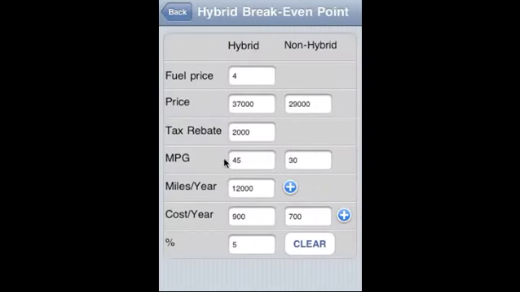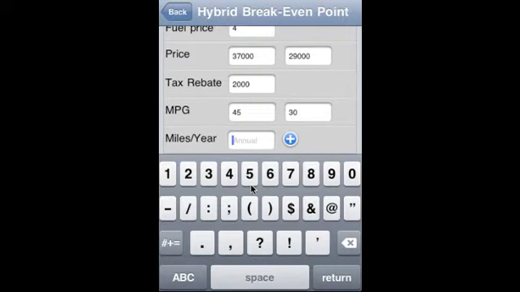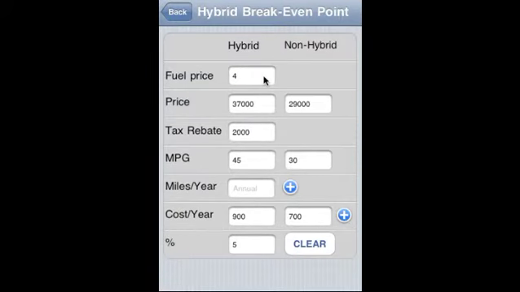Okay. Now what actually makes sense? So we need to find that out. So we see that the fuel price needs to be 5.59. So at that it will make sense.